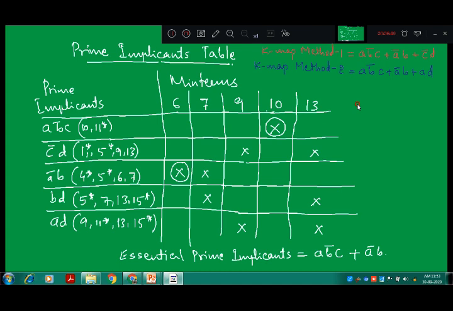First I got A B bar C plus A bar B plus C bar D, right? But in the prime implicant table you can observe I got only two terms, that is A B bar C and A bar B, right? So again I need to obtain what?